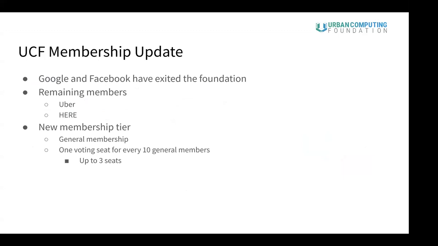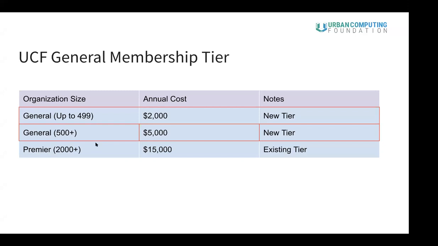So now we have only Uber and HERE as general members, which made us propose a new membership tier for smaller companies with a lower annual fee. For companies with up to 500 people, we have a tier for $2,000 a year, and for companies larger than 500, we have a tier for $5,000 a year. This will help us attract more members to join.